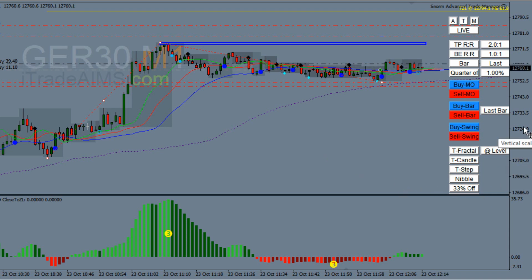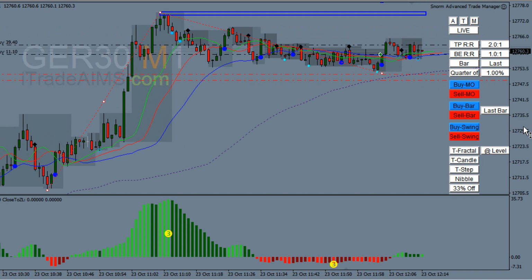If it doesn't happen, then that would mean two things. There was either no wave 5, or there was a wave 5, but it moved in a fashion that doesn't conform to our trade management plan. For example, sometimes it goes up and down and breaks the lows of the box, or it goes really slow.